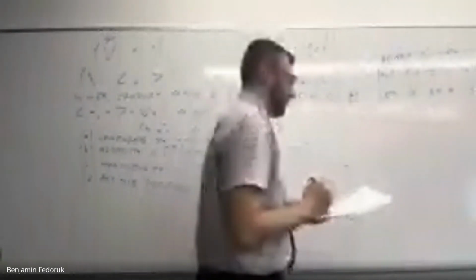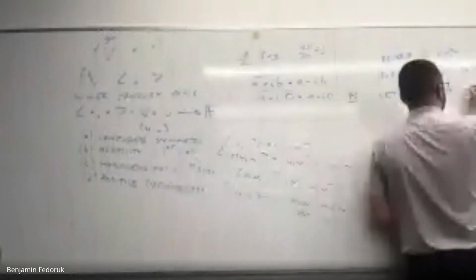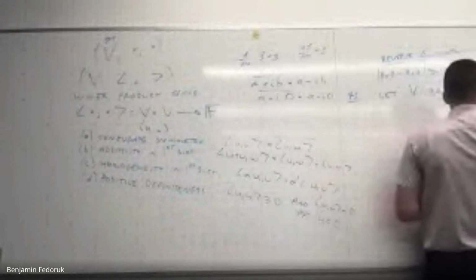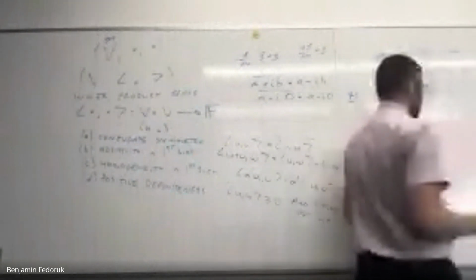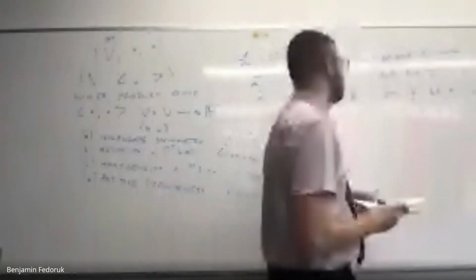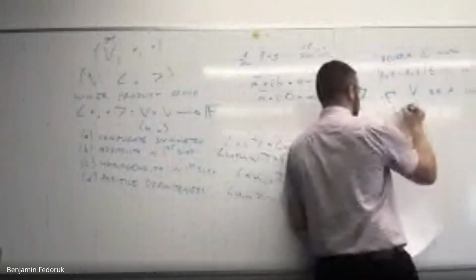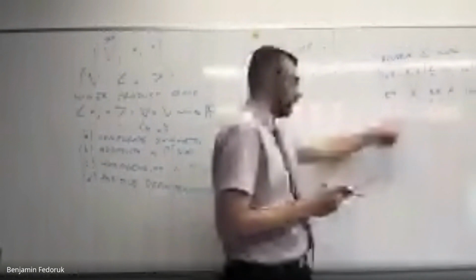Actually, sorry, we're going to make it an inner product space. Let's let V and U be from within that big V, the inner product space.